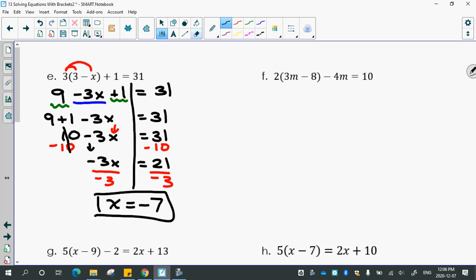F is kind of the same. And you can see on one side of the equals, it's just one thing, and there's a lot on the other. So try just expanding out first. First line, so your first line would be expand.